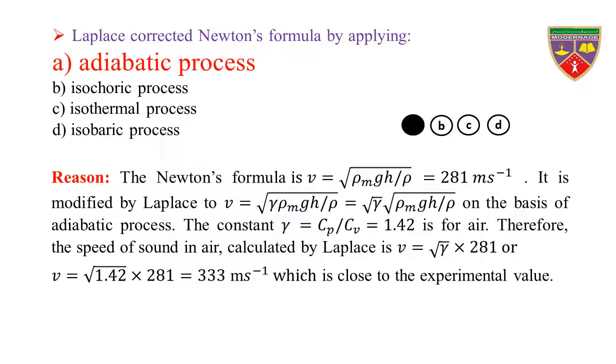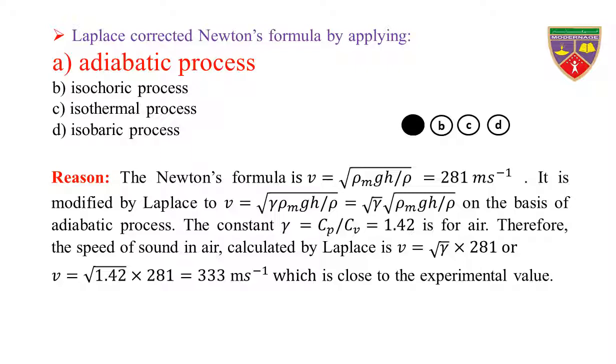Reason: Newton's formula is v is equal to square root of rho m g h divided by rho, which is equal to 281 meter per second, which is the speed calculated by Newton.